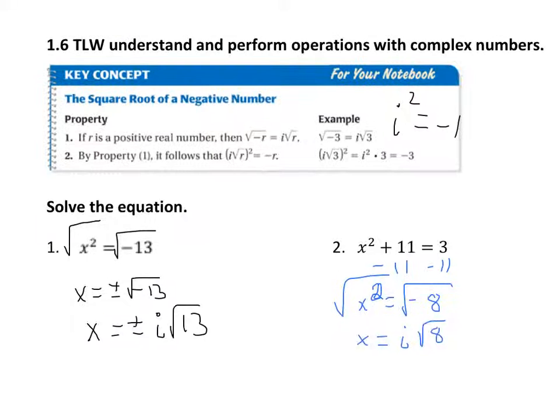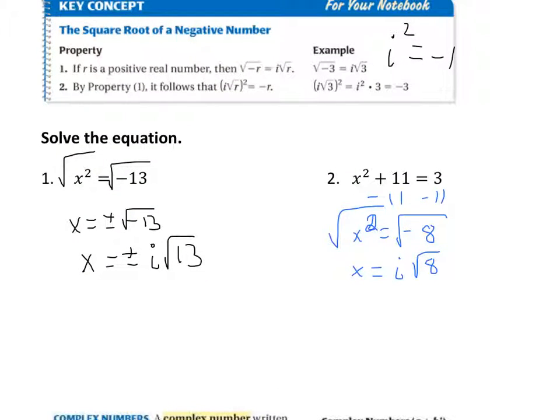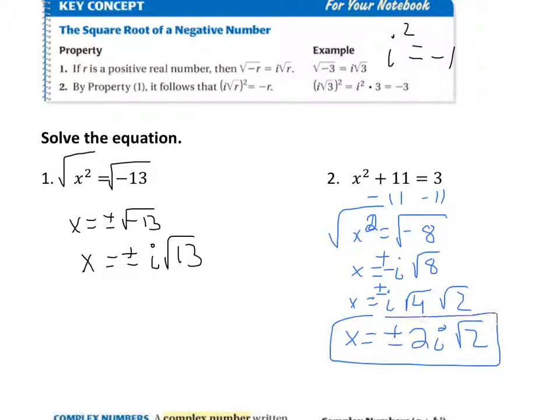So remember, you can do x equals i times the square root of 4 times the square root of 2. Well, what's the square root of 4? 2. Oh, plus or minus. Plus or minus. Almost pulled the error there. So you get plus or minus 2i square root of 2. So here were the two solutions so far.